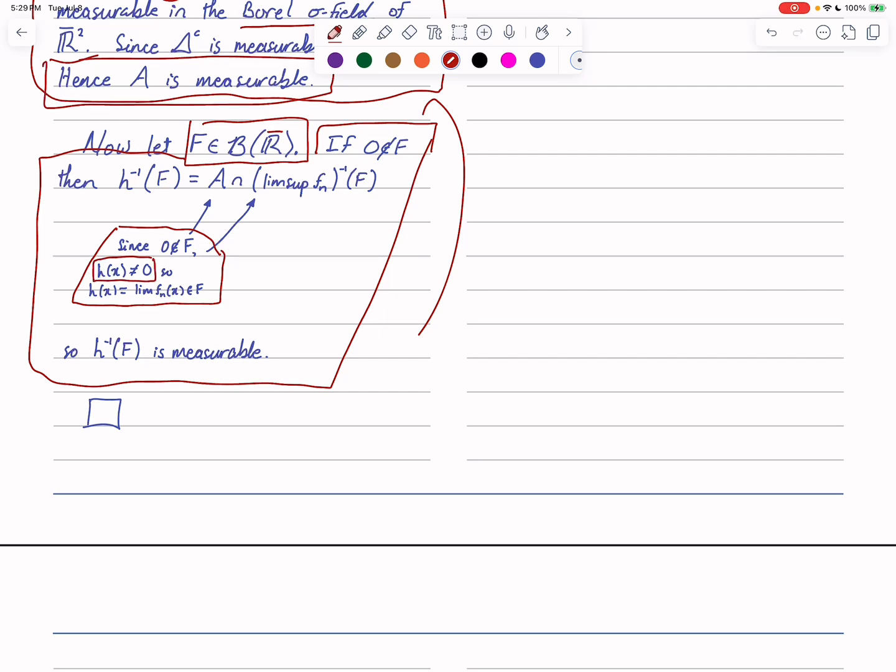By definition of H, remember that if the limit does not exist at this point, then we send H to 0. That must not be what's going on in this case, and therefore the limit must exist. So effectively, when H does not take the value 0, we must be talking about the case where the limit exists.